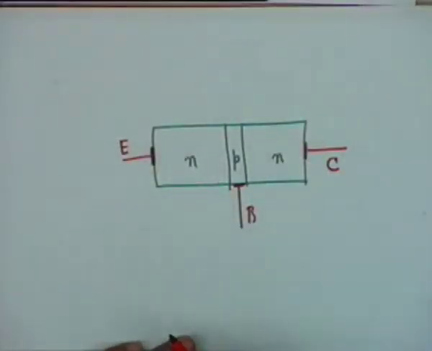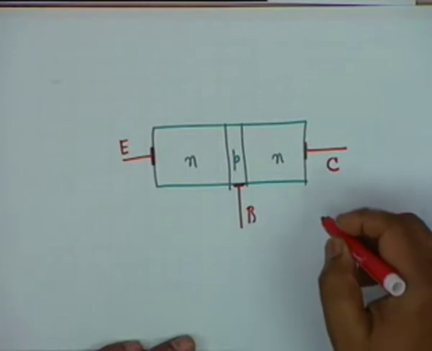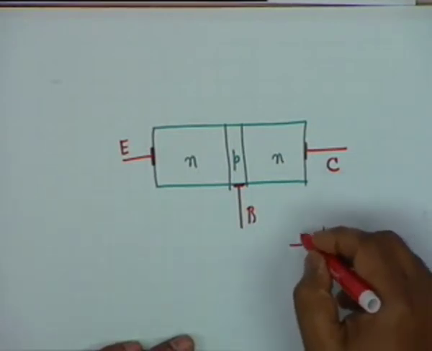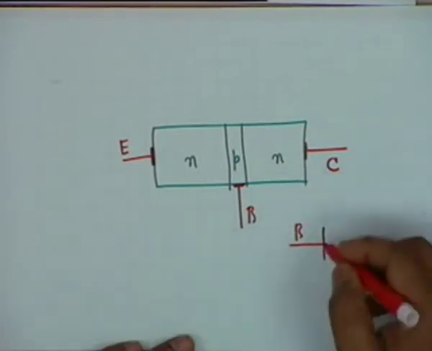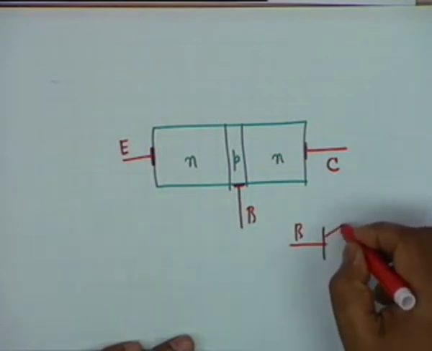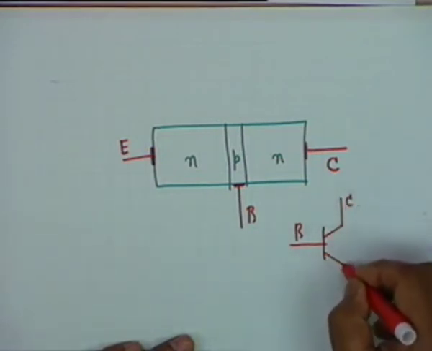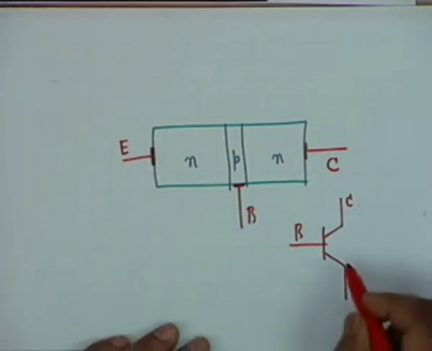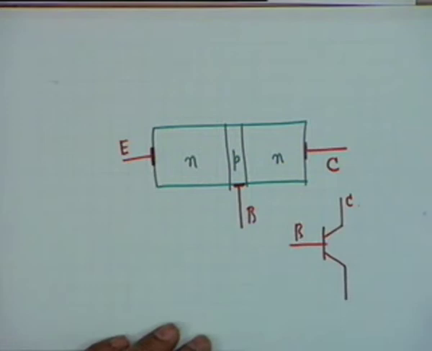Such a transistor is schematically represented as a base and then a vertical line. This is collector and this is emitter.